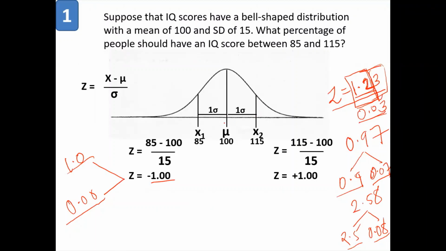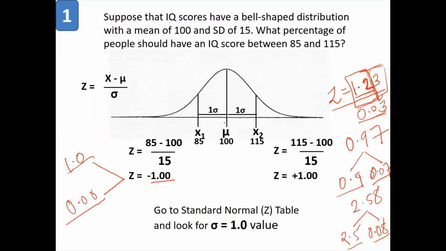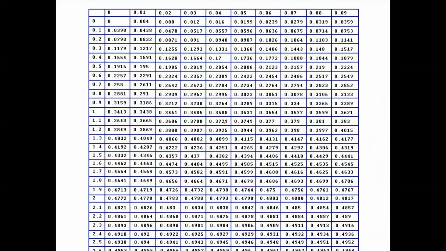Okay. So now we'll try to read the z table. Go to the standard normal z table and look for the 1.0 value. We have done this split, and the two values are 1.0 and 0.00. So look for the row of 1.0 and the column of 0.00.